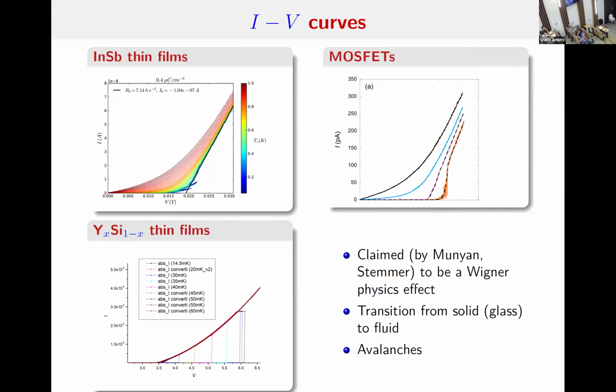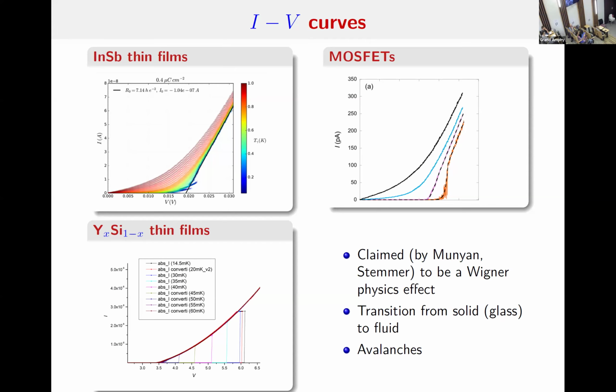What I mean, this is preliminary, but what I believe for the moment is that here is not a Wigner solid, because here these were very clean samples. It may be a Wigner solid, but here I don't think so, because here there is a lot of disorder. Still, I think that the physics is related.